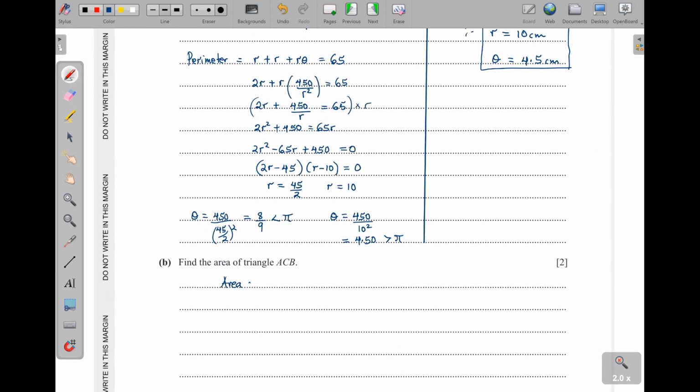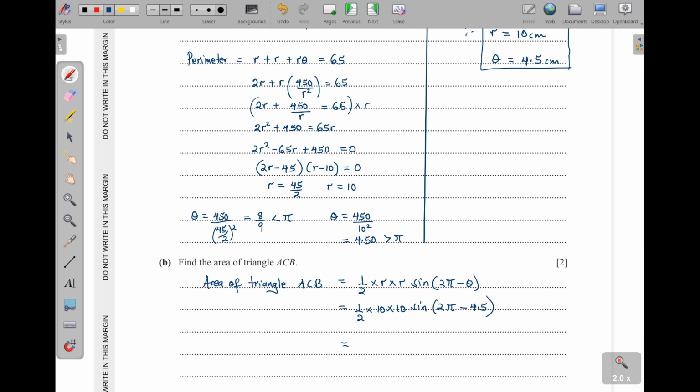Area of triangle ACB is going to be equal to a half times R times R, then sine of 2 pi minus theta. Now, what is R? R is 10. So 10 squared, and then sine of 2 pi minus theta, which is 4.5. The calculator here has to be in radians.